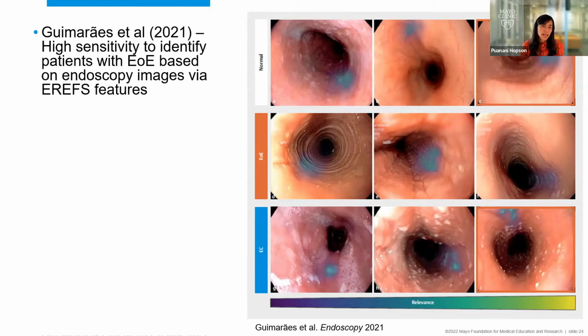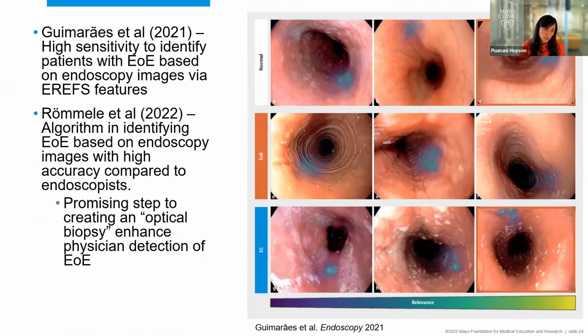They had a high sensitivity for identifying patients with EoE based simply on the EREFS in these photos during endoscopy. Another study looked very similarly, identifying EoE based on endoscopic images too, and showed a higher accuracy compared to the endoscopist's EREFS score in identifying EoE.